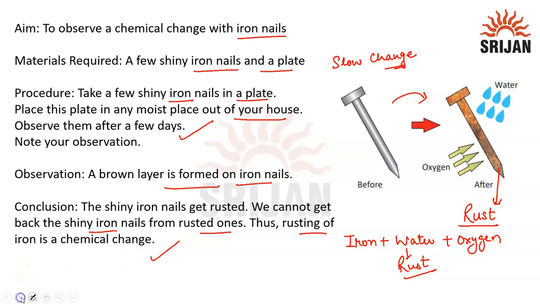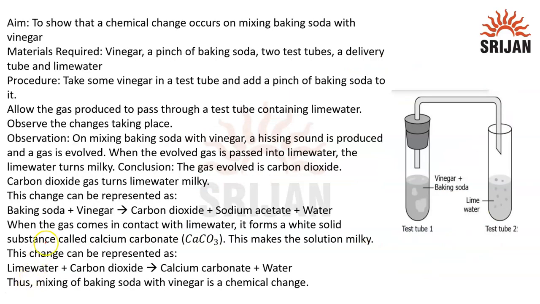Now we have another activity where we will show a chemical change that occurs on mixing baking soda with vinegar. For that we require vinegar, a pinch of baking soda, 2 test tubes, a delivery tube and lime water. The first step is to take some vinegar in a test tube and add a pinch of baking soda to it.